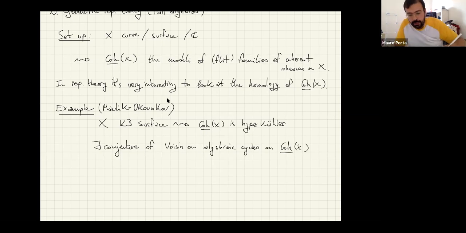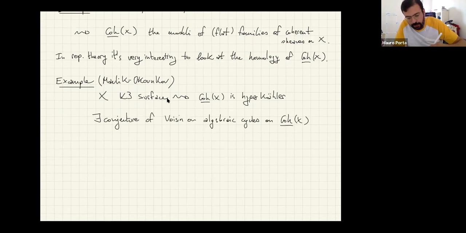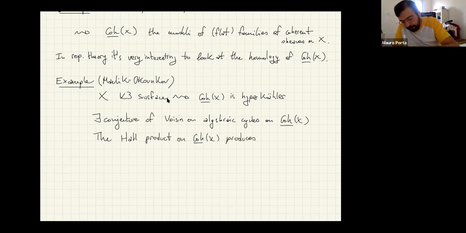The idea is that if we study its homology, and in particular what we call the Hall algebra structure, the Hall product on Coh(X), it produces enough information to tackle this conjecture.